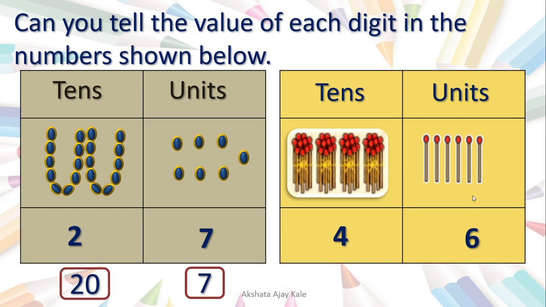Yes, you know 6 is in the units place. So the value is 6. And 4 is in tens place. There is nothing but 4 tens, that is 40. Got this, children? I hope you understood about the place values if it is given like this in the boxes. Right?